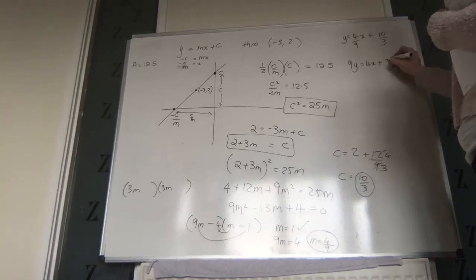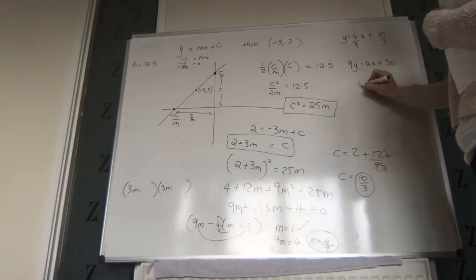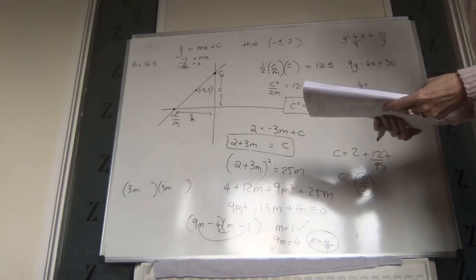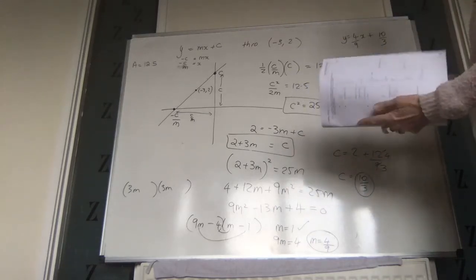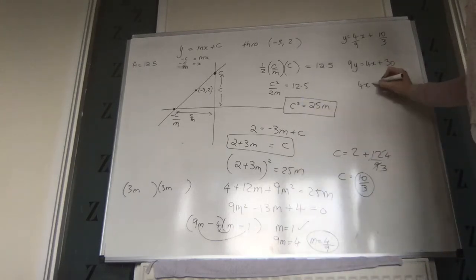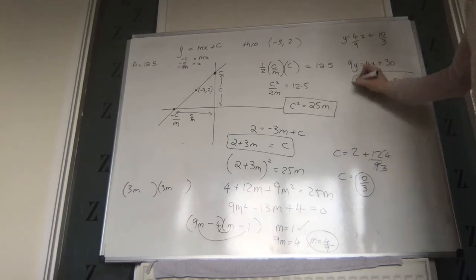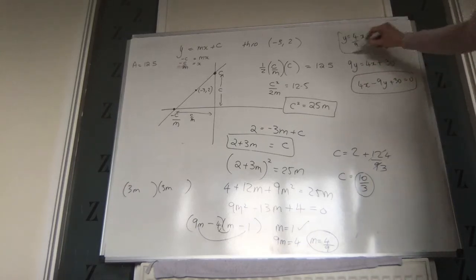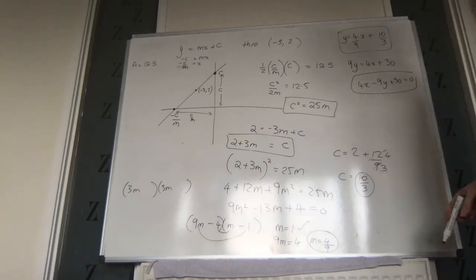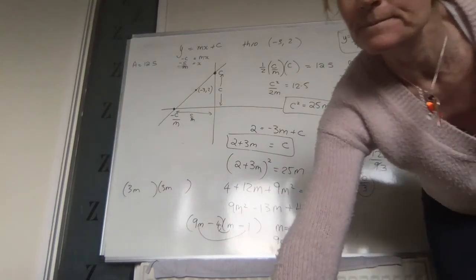Is that right? I'll just double check that in case I made a small mistake somewhere. No, that's right. So 4x minus 9y plus 30 equals 0. That's the equation of your line. You should technically, rather than leave it like that, multiply across so you don't have any fractions in your answer. Okay.